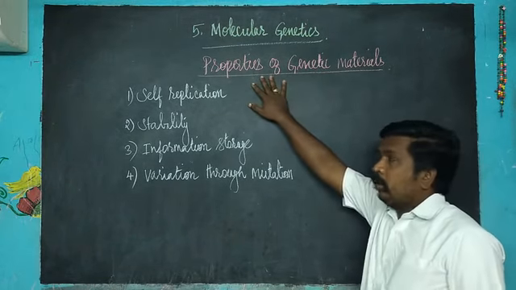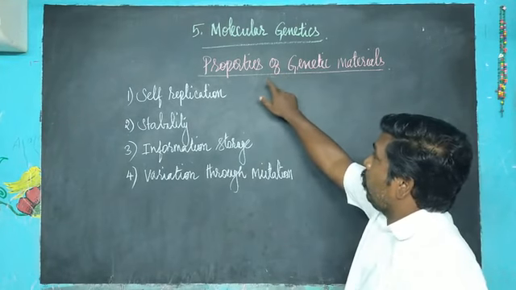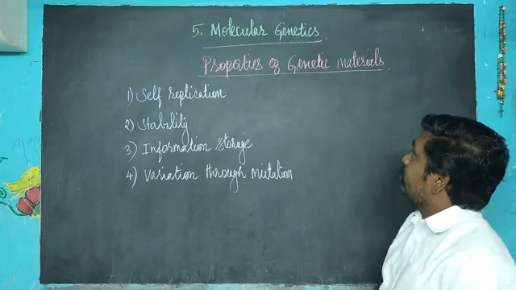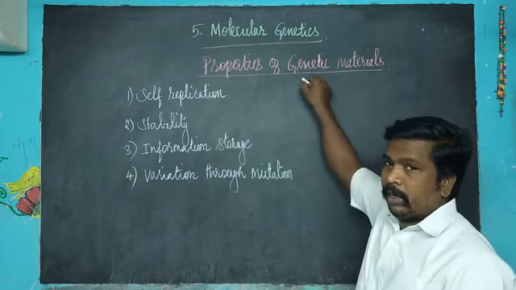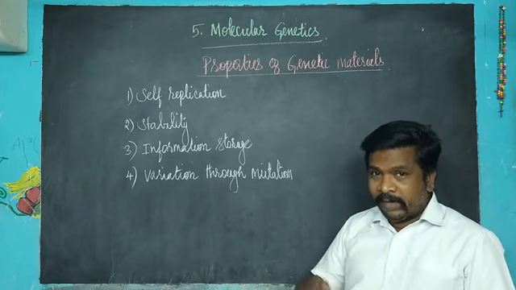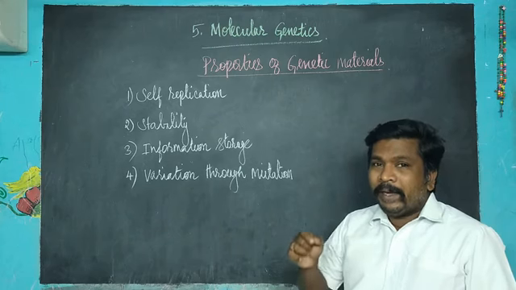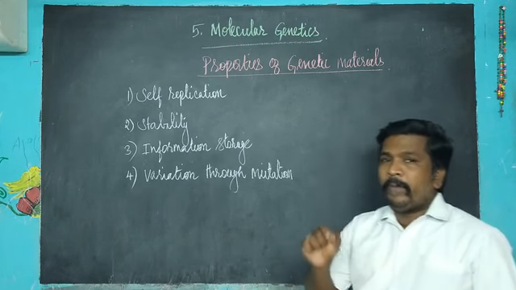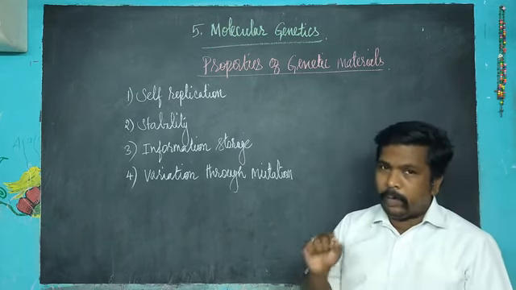Hi dear children, in this class we are going to learn about the properties of genetic material, that is nothing but DNA or RNA. In the previous classes we have discussed DNA as the confirmed, authenticated genetic material, not protein.